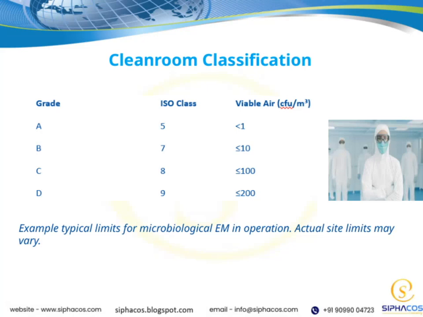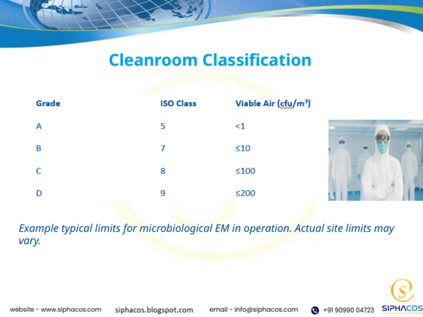Let's take a look at some typical limits for microbiological environmental monitoring in operation. These are general benchmarks used across many facilities, but it's important to remember that actual site limits can vary depending on specific regulations and the particular environment. When we talk about cleanroom classification, we're essentially categorizing the environment based on how many particles or microorganisms are allowed per volume of air. This helps ensure the environment remains controlled and suitable for manufacturing sensitive products.